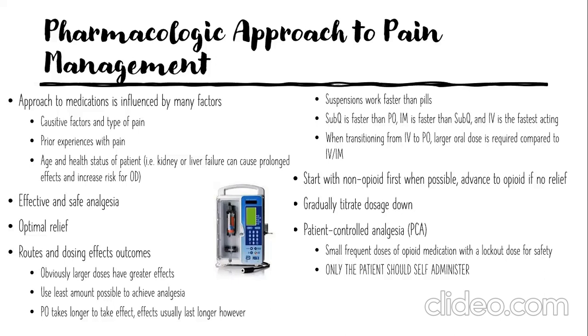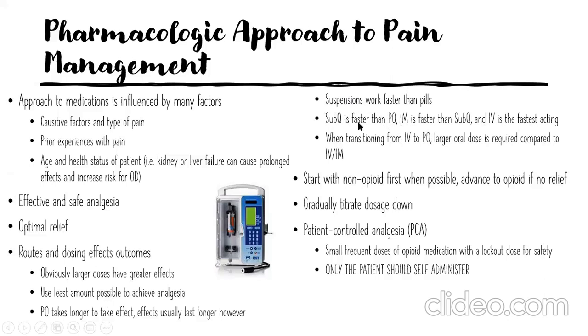So it may not be the best option when you're trying to treat someone whose pain is 10 out of 10 right now, unless you have no other choice. Suspensions, by suspensions, I mean syrup, you know, the kids' medicines, the liquid form of oral medicine is obviously already broken down, so it's going to get absorbed faster than pills.